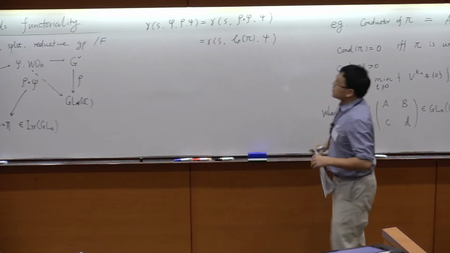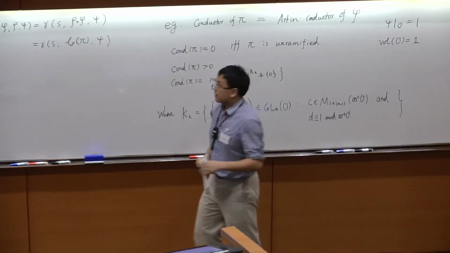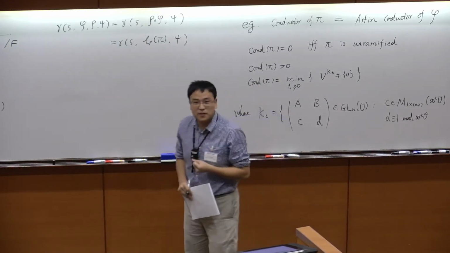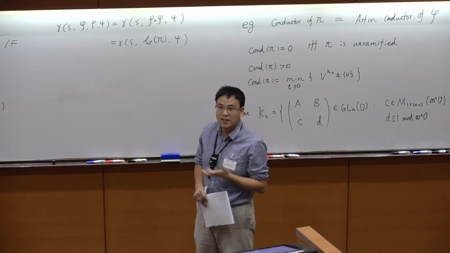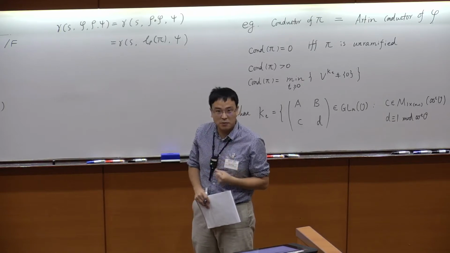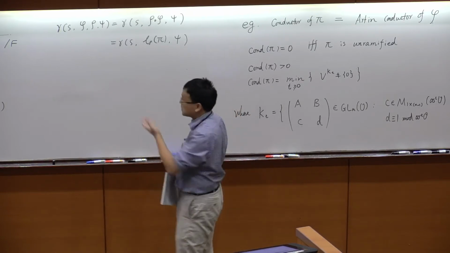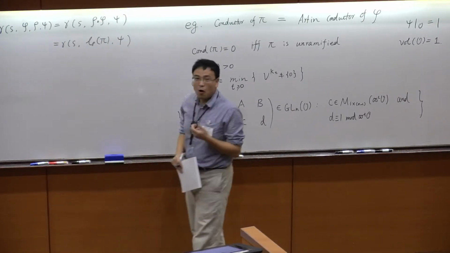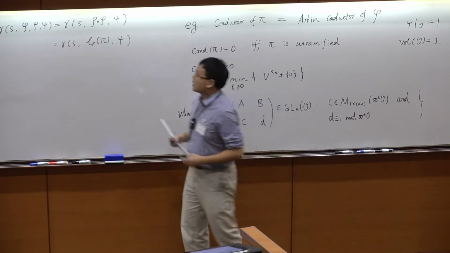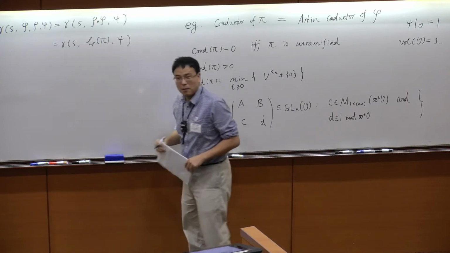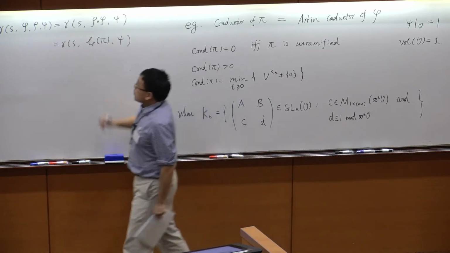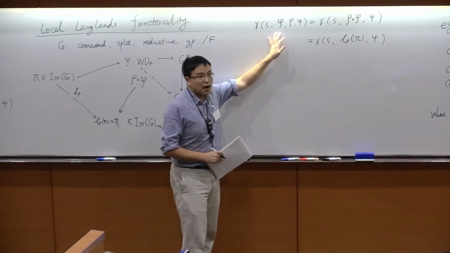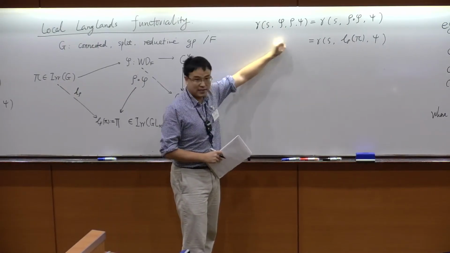You see the first line we have here. I combine everything into this gamma factor because the gamma factor contains both the L-factor and the epsilon factor. We know this is true for all the L and epsilon factors, but here I just focus on the gamma factors. On the first row, everything is on the L-parameter side.